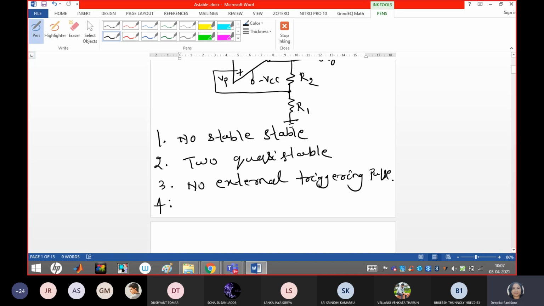The fourth and last point is that the output will swing continuously, back and forth, to reach the saturation voltages plus minus Vsat. V0 swings between plus minus Vsat. This is also a characteristic, and that's why we call it a free running multivibrator.